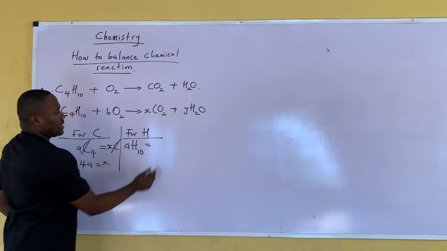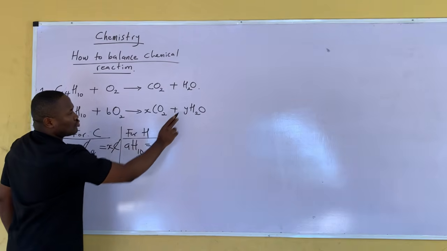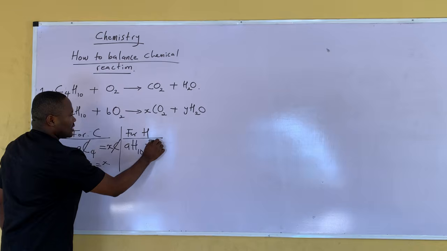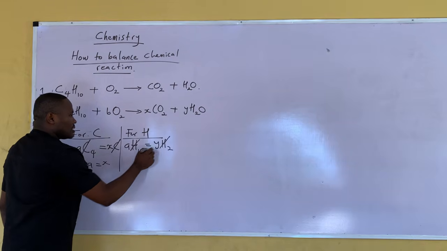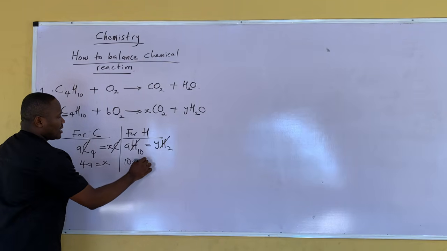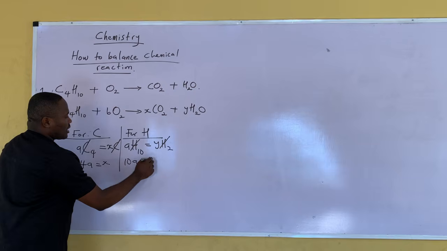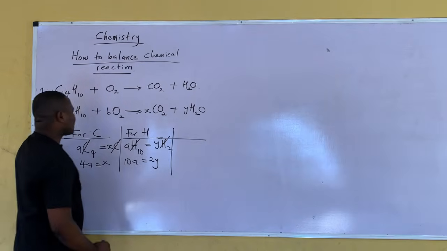It's at this side, and this Y is affecting H, and the 2 is affecting H. So it is Y H2. This H cancels this H. I have A times 10 is 10A equal to 2 times Y is 2Y. I have balanced H.